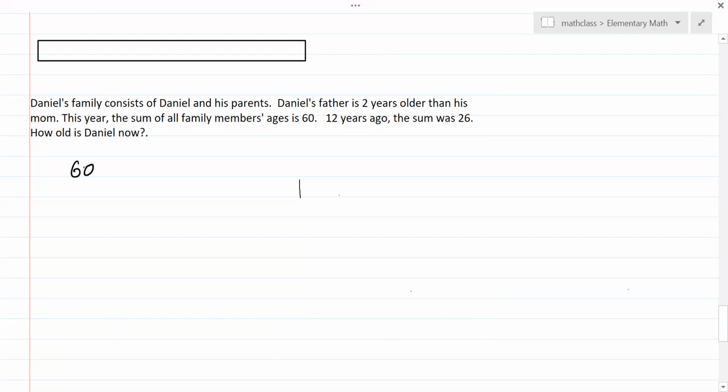If you go back 12 years, assuming everybody was there, then you have to subtract 12 from the sum of their ages 12 years ago.